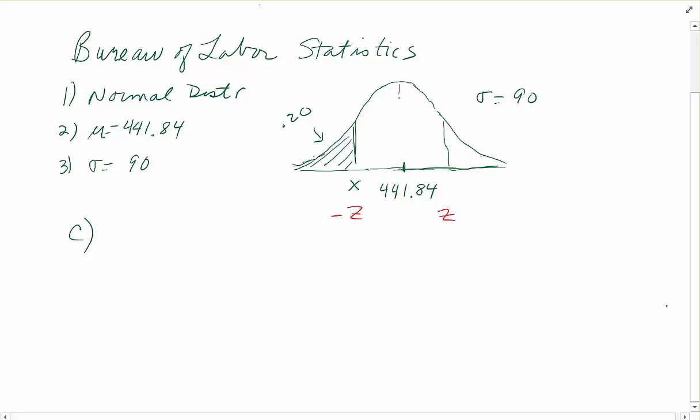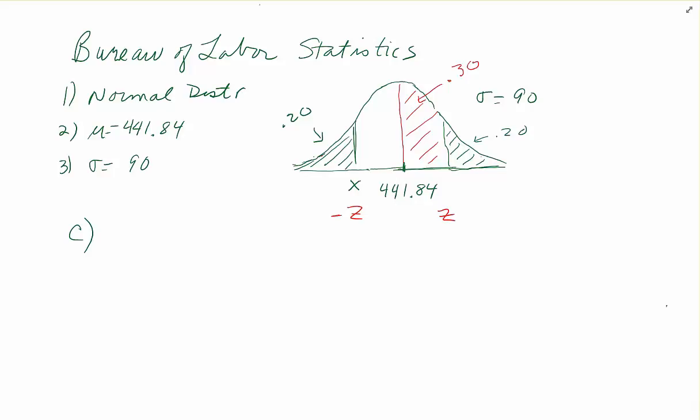And I know that the table always reads from the center out. So just by symmetry, what I need to look up to find that Z is the area 0.30. Again, because 50% of the data is to the right and 50% of the data is to the left of the mean.